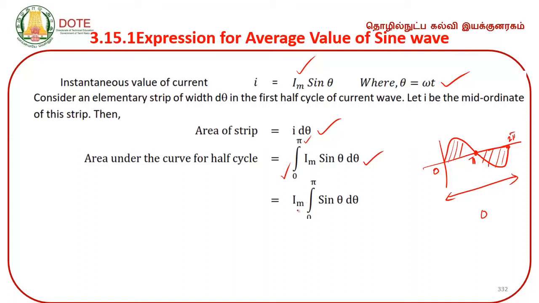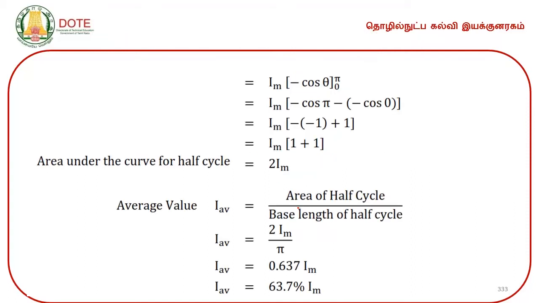You take this Im out because it is a constant value, then we integrate sin theta with respect to theta. Upon integrating, you will get minus cos theta, and you apply the limits. So, minus cos pi minus of minus cos 0. Cos pi is minus 1, so minus into minus gives plus, then minus of minus cos 0 is 1, and you get 2Im.